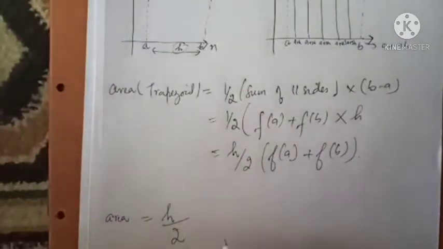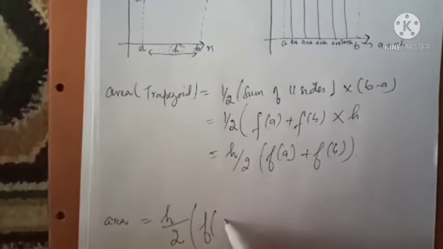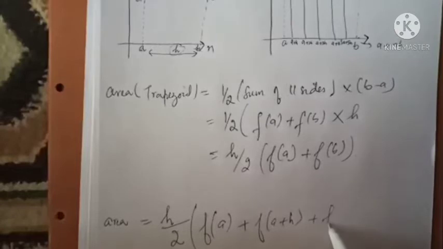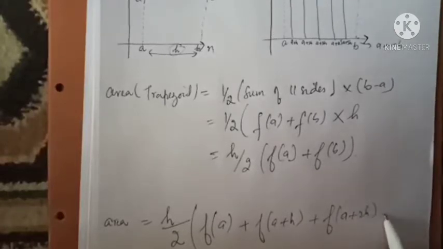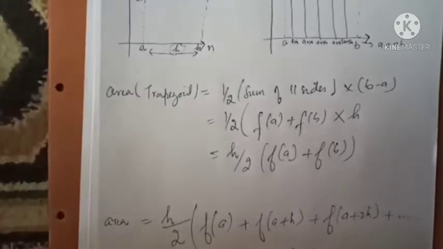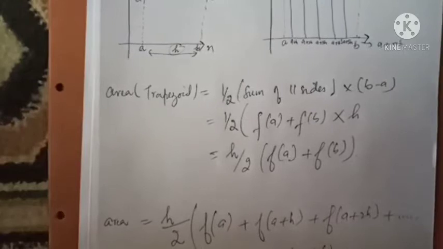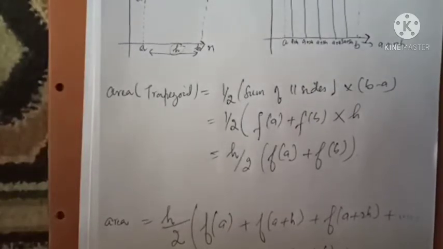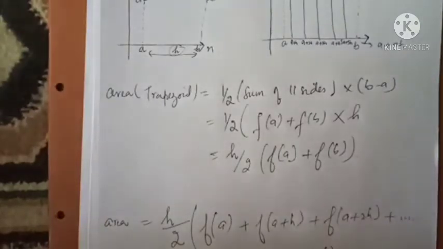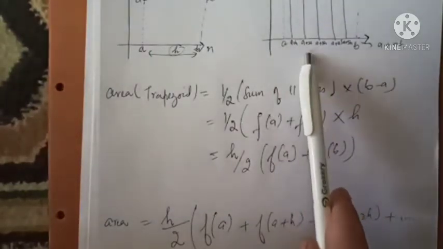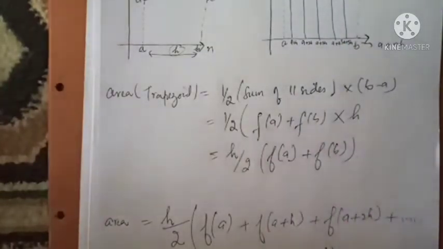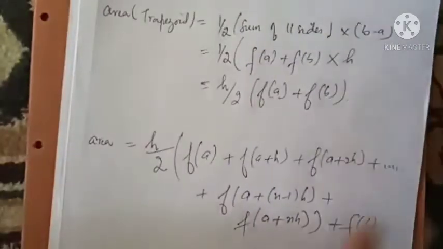Then there will be f of a plus f of a plus h, f of a plus 2h, and so on, plus f of a plus n minus 1 times h, and the last term is f of b. We don't know how many parts we have to make; it depends on the area of the curve. That's why I wrote so on here.